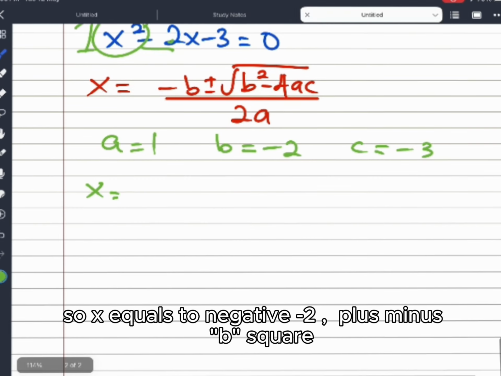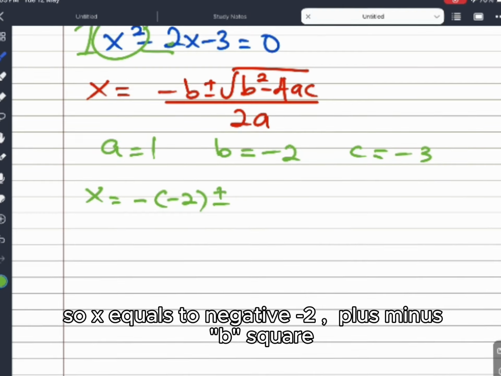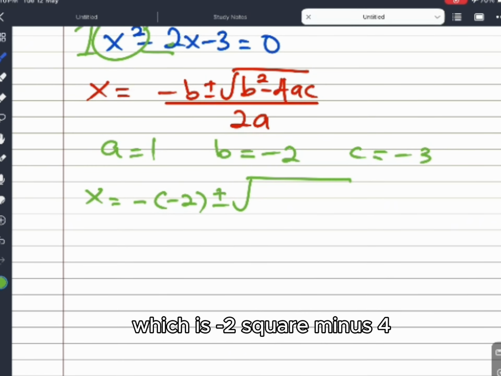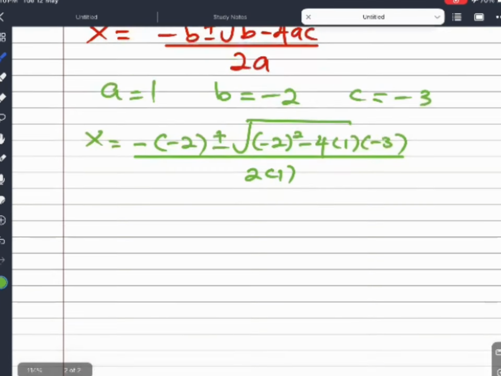So x equals negative b, which is negative of negative 2, plus minus the square root of b squared, which is negative 2 squared, minus 4, a is 1, c is negative 3, over 2a, which is 2 times 1.